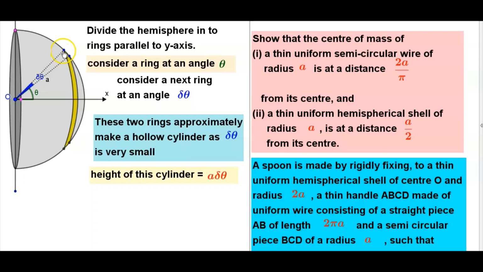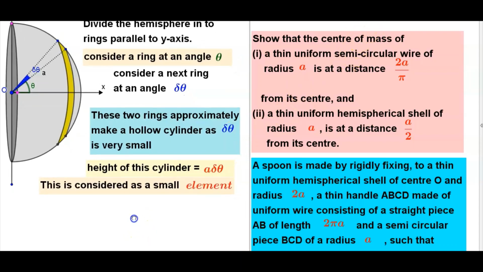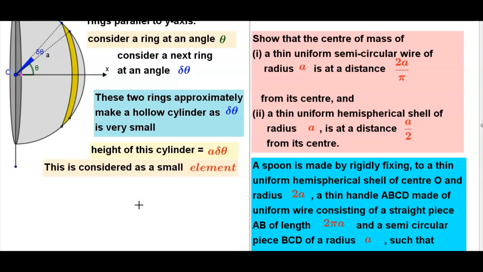The height of the cylinder, this one, is A into delta theta. This is considered as a small element.